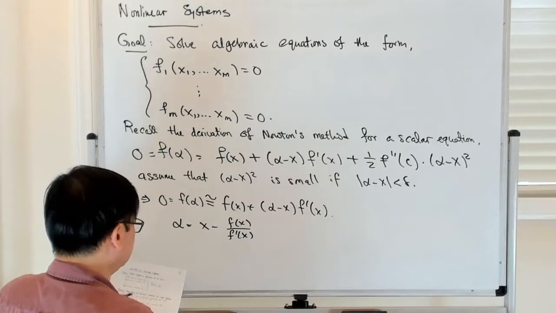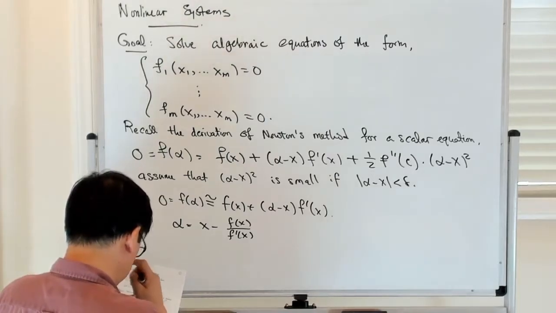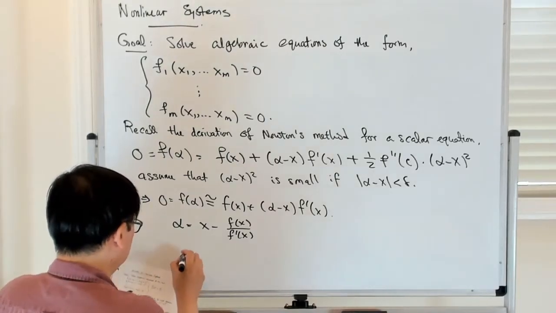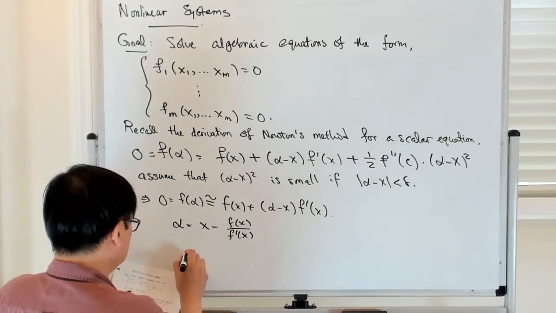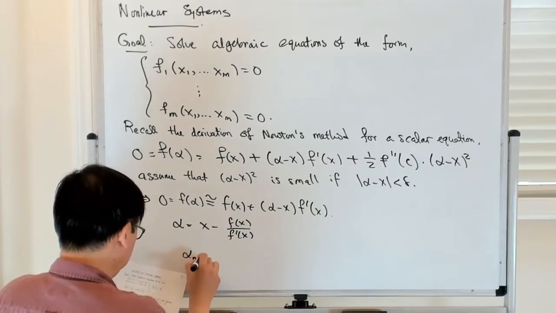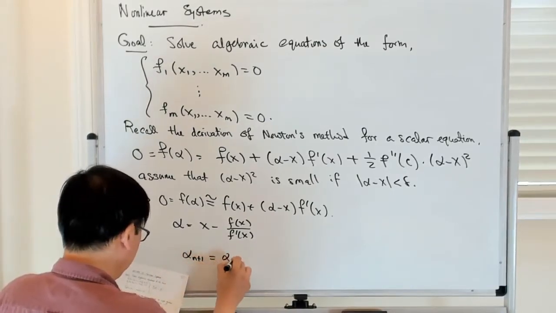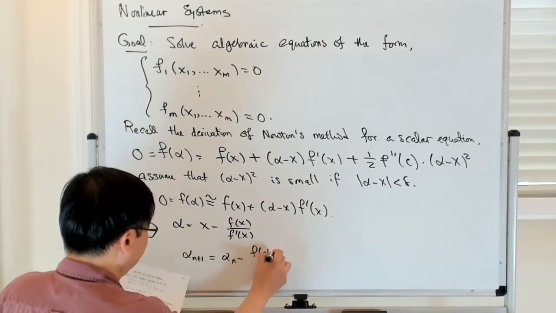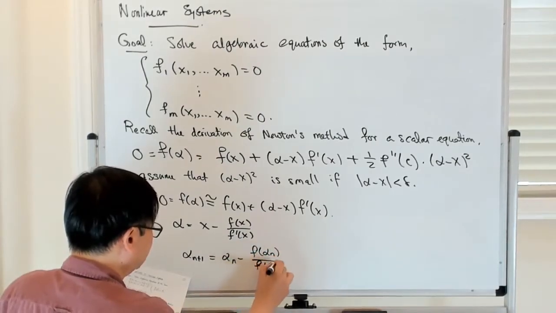So we construct a fixed point iteration, alpha n plus 1 is equal to alpha n minus f of alpha n over f prime of alpha n.